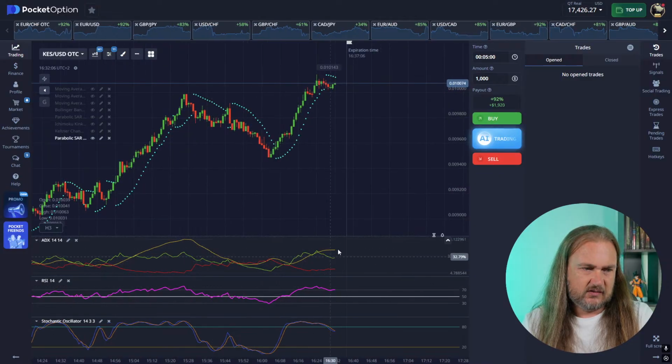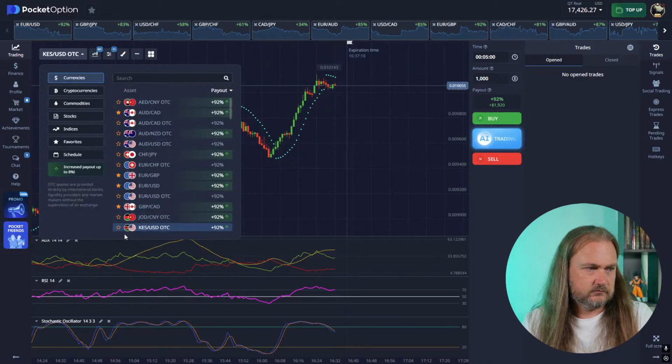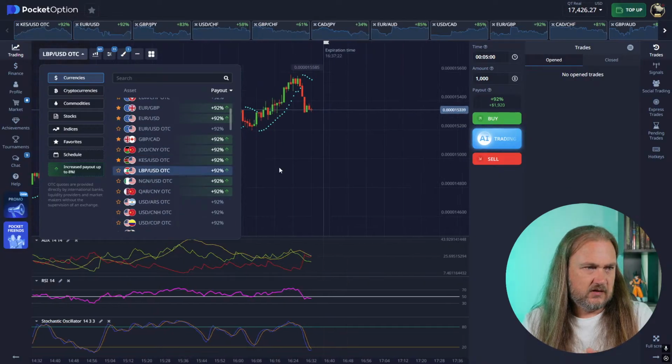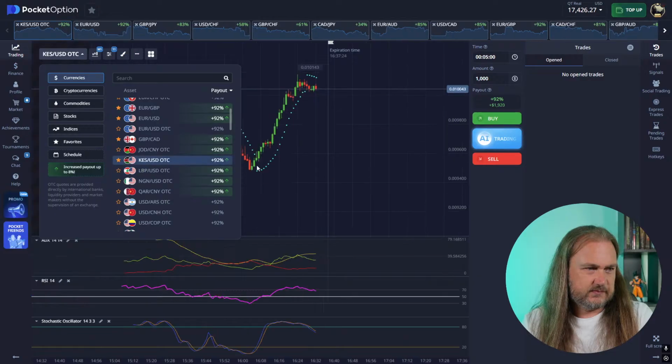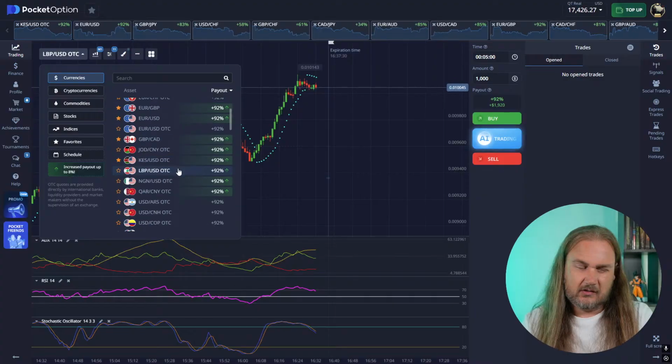We have the ADX very, very high here. We can close that out. I think this might be the turn for it. Might be coming down here. I'll keep an eye on it.